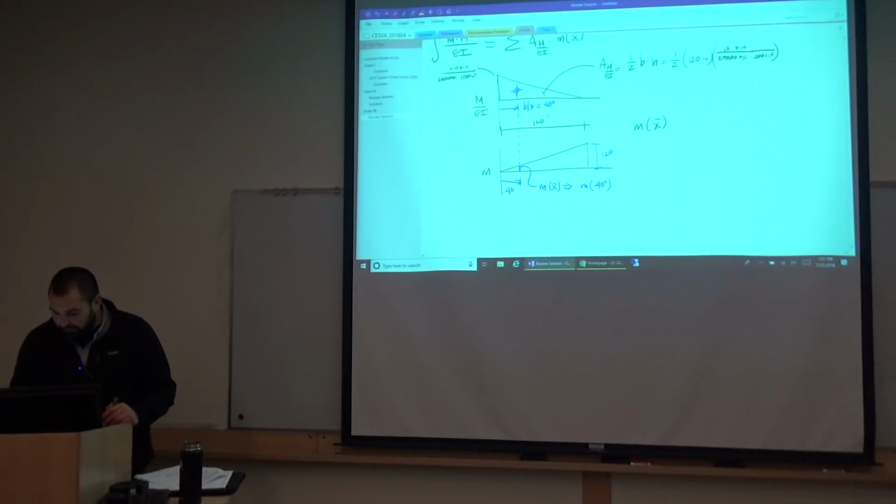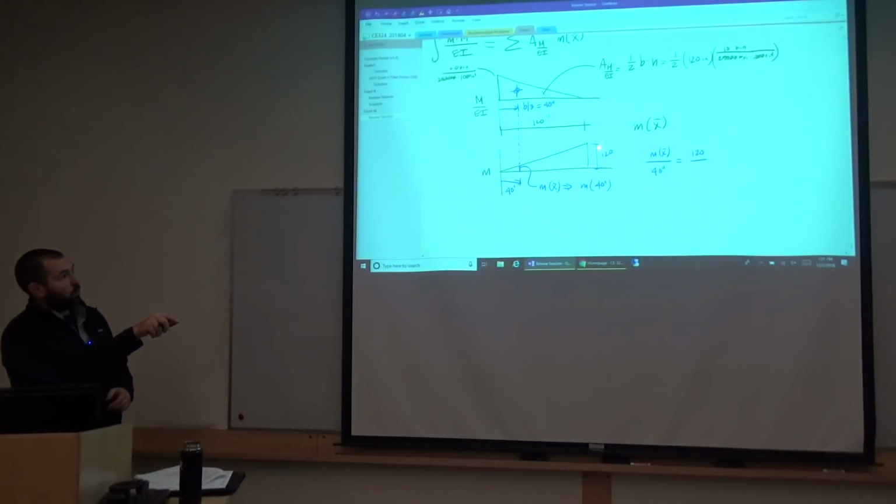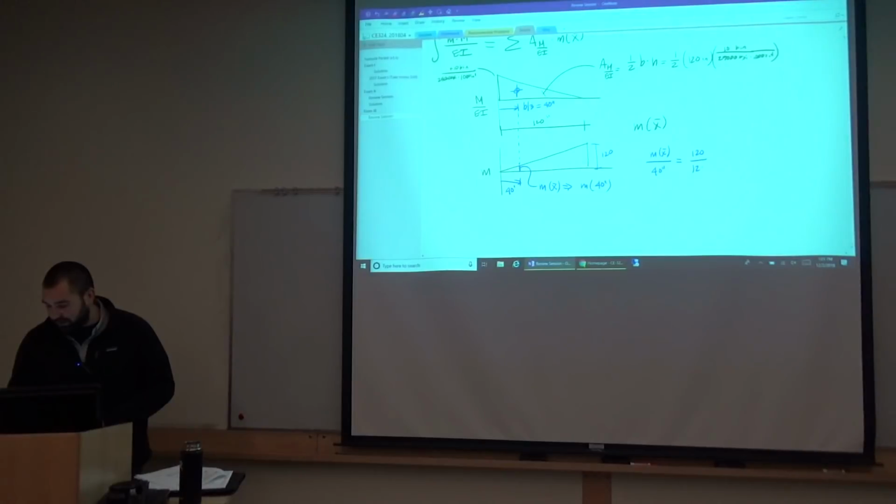If this is 40 inches right here, then we can say that m of x bar, that ratio divided by 40 inches equals 120, which is the value on the right-hand side of that virtual moment diagram, divided by the length, which is 120 inches. And in this case, I would get m of x bar simply equals 40.